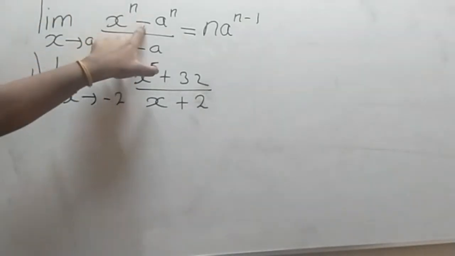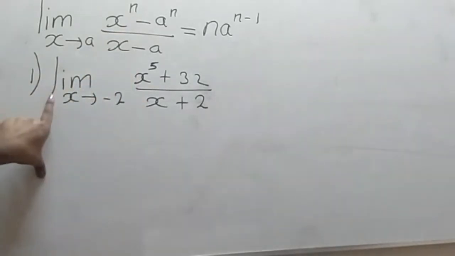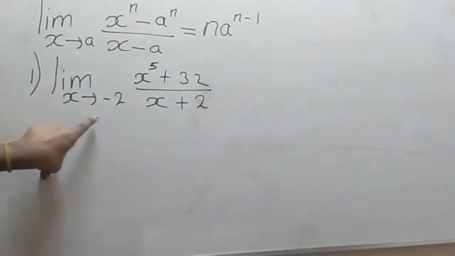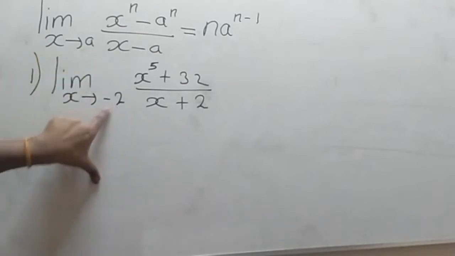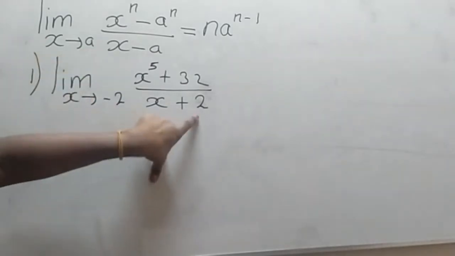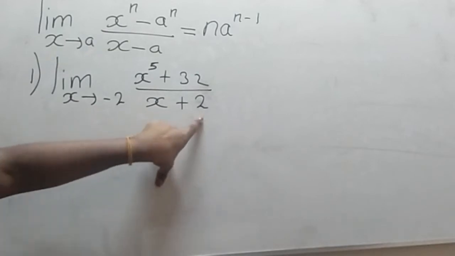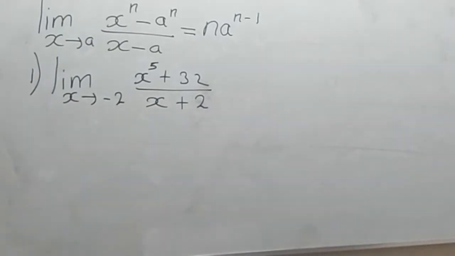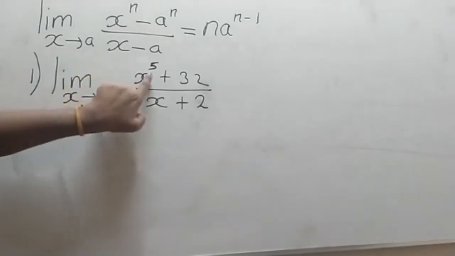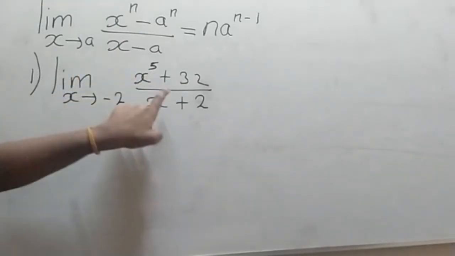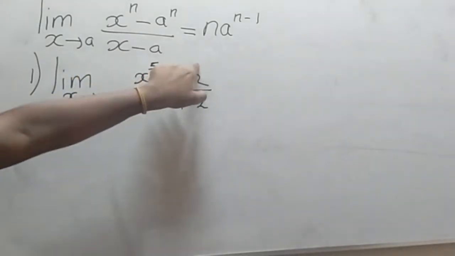There is minus here. Limit of x tends to minus 2, so in the place of a, we have minus 2. That means in the place of a here, we should have minus 2. Then there is x to the power 5 here, so here also there should be to the power 5.